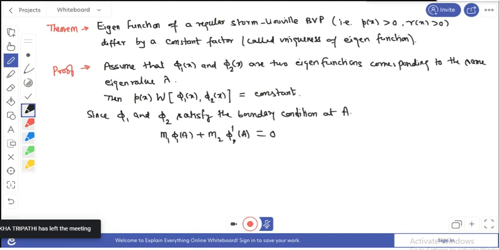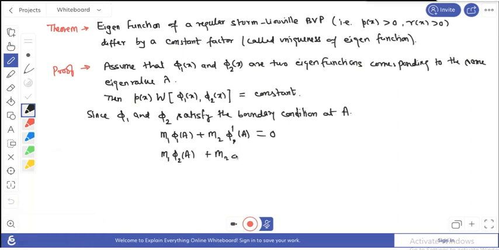And phi2 is also a solution of the same boundary value problem, so phi2 also satisfies this boundary condition at the same point A.